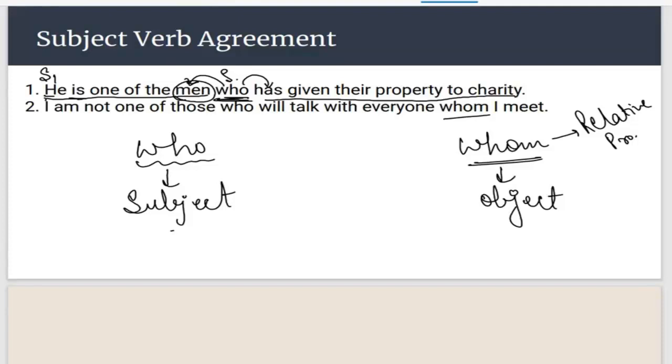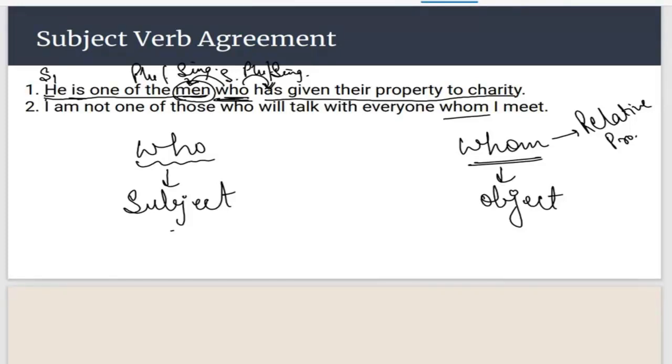If the noun or pronoun used before who is singular, then the verb used after who will also be singular. But if the noun or pronoun used before who is plural, then the verb used after who will also be plural. Is this thing clear to all?